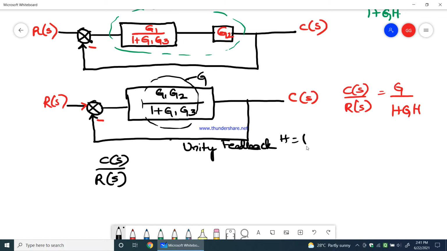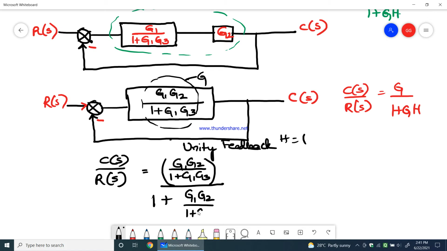Okay, keep this in mind, unity feedback. Therefore H equals 1, G equals this. Therefore C of S by R of S would be equal to G divided by 1 plus G into H. H is 1, so it becomes G by 1 plus G only.